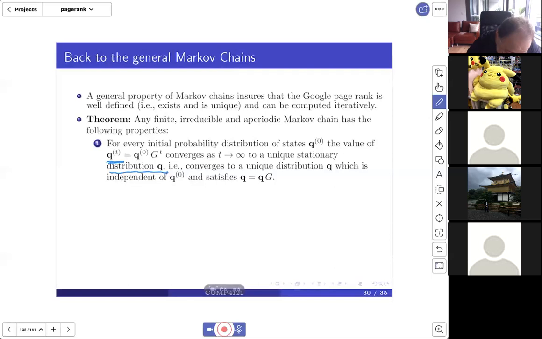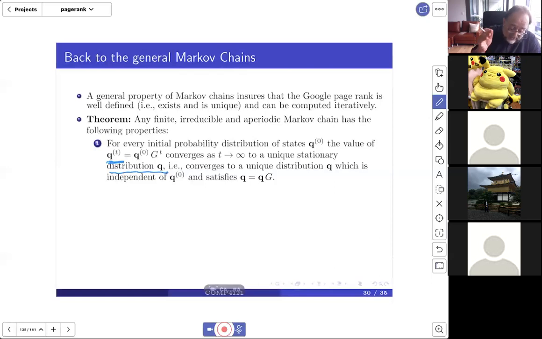So no matter how you choose the initial web page, after a large number of clicks, the probability to be at any given web page at that moment is independent of how you started and how you chose the links, right?